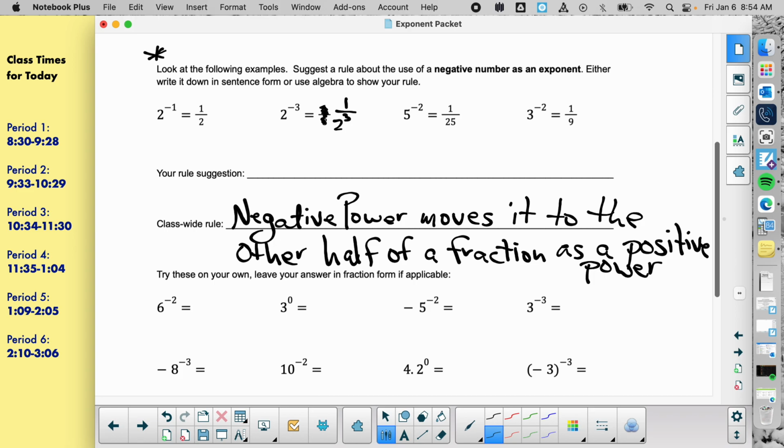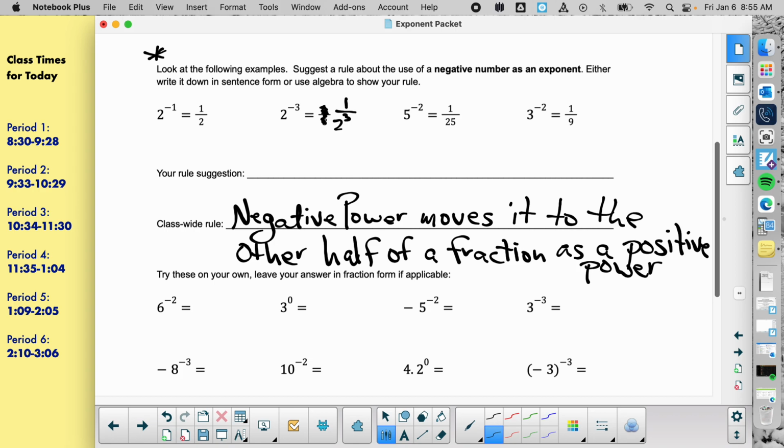Now, when I say it moves to the other half of a fraction, 2 to the negative 3rd power, it's not written as a fraction, right? So if something's not written as a fraction, that technically means it's on the top, because you don't write over 1. You won't write something as a fraction if you don't need to.